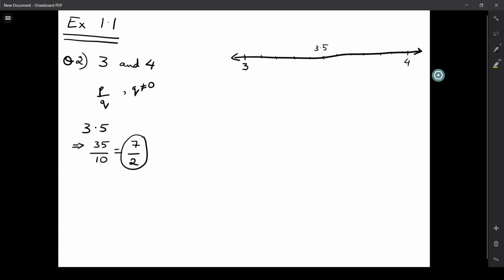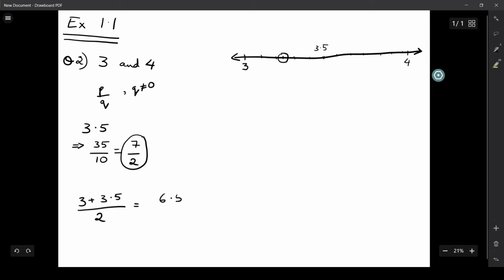Now I need to find another number between 3 and 4, which is a rational number. Just like I took out the midpoint between 3 and 4, I can take out the midpoint between 3 and 3.5, right? Another way to take out the midpoint is adding both the numbers and dividing it by 2. So I have 3 plus 3.5 divided by 2. This will be the midpoint right here.